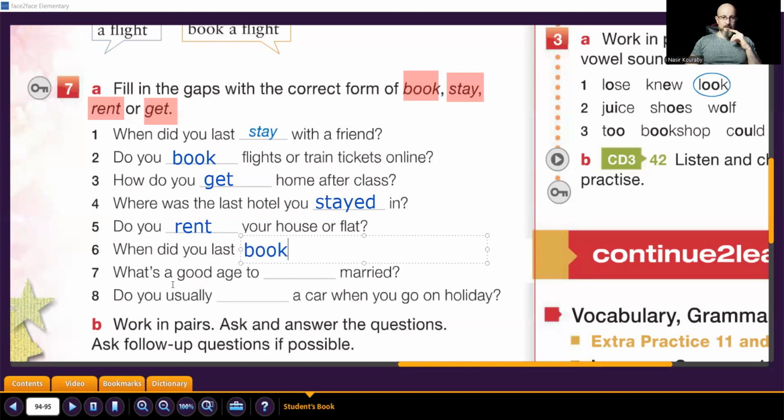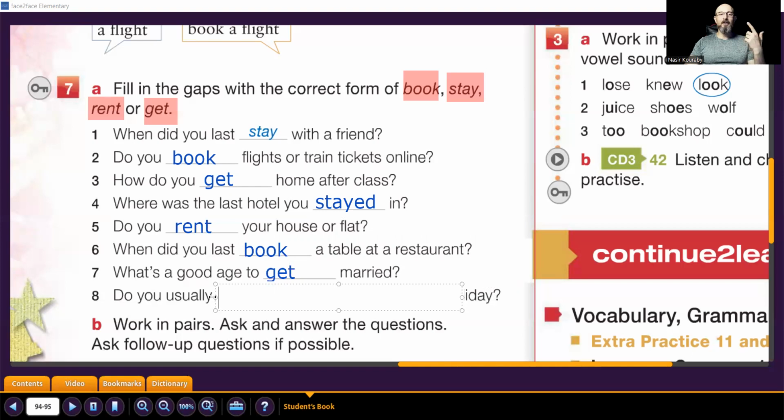What's a good age to blank? To what? Get married. Okay, do you usually blank a car when you go on holiday? Do you usually what? Yes. Do you usually rent?